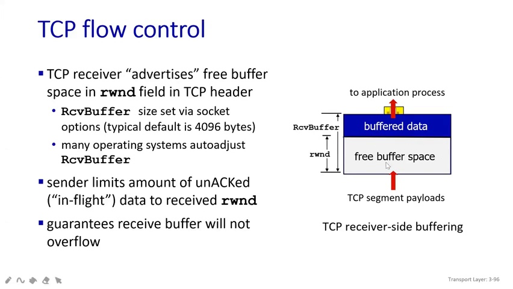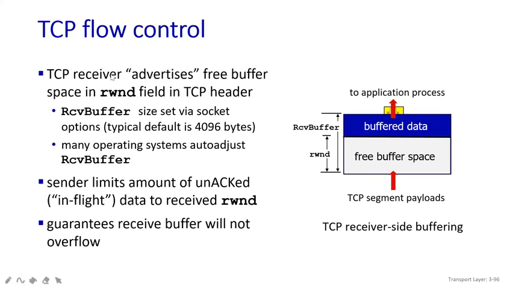It will advertise that I have this much free buffer space. It will remind the receiver that it can send the acknowledgement to the sender side to send more packets to accumulate here. Then the next point: the sender limits the amount of unacknowledged data to the RWND, or receiver window.